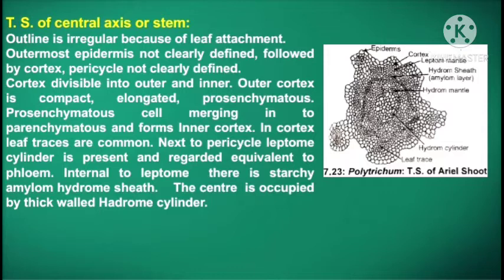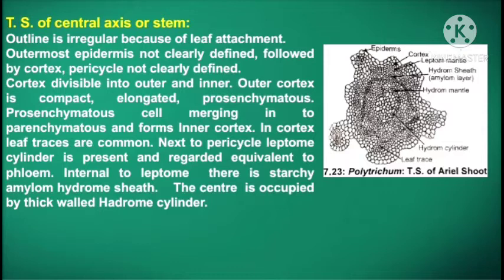The cortex is divisible into outer and inner cortex. The outer cortex is compact, elongated, prosenchymatous. Prosenchymatous cells merge into parenchymatous cells and form the inner cortex. In the cortex, leaf traces are common.